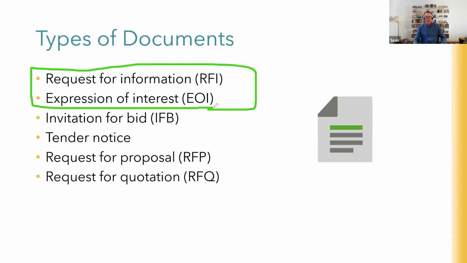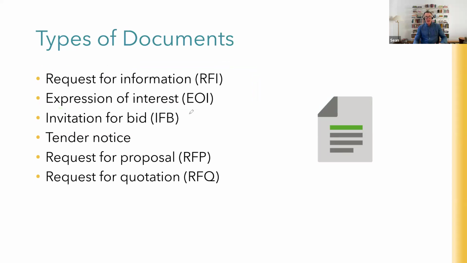It's absolutely okay to go out to the market with these really broad documents to see what the market has and see what availability and what their solutions may be. You might get some really interesting solutions. Once you know exactly what you want, you may issue the following documents: an invitation for bid or a tender, which basically puts a notice out to interested people. Hey, we've got something we want, a good or a service.